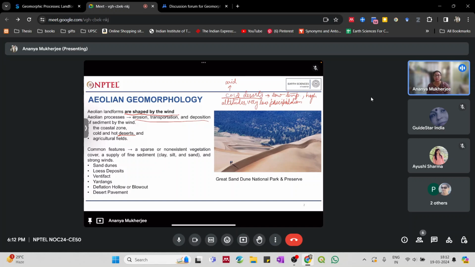And then we come to hot deserts. Hot deserts are typically located in tropical and subtropical areas, and you will mostly find them occurring in rain shadow regions.